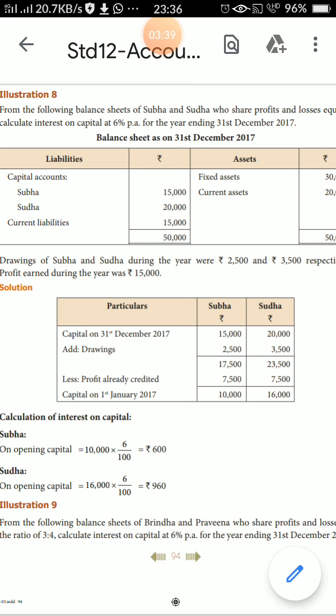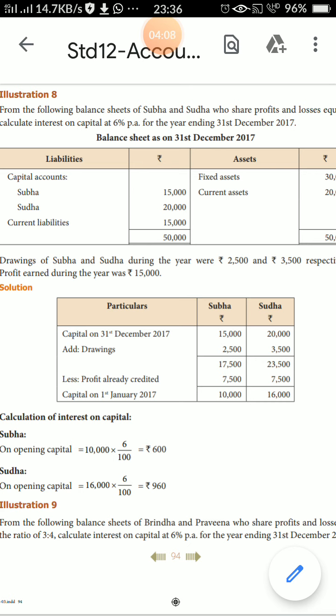Okay, students, in the balance sheet, the liability side has the capital accounts of Subha and Sudha and current liabilities. The asset side has fixed assets and current assets. Both sides are equal in amount. Next, the drawings of Subha and Sudha during the year were 2,500 and 3,500 respectively.